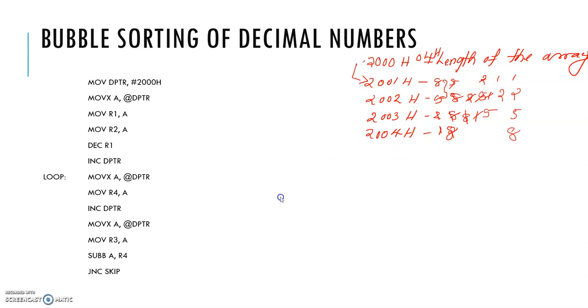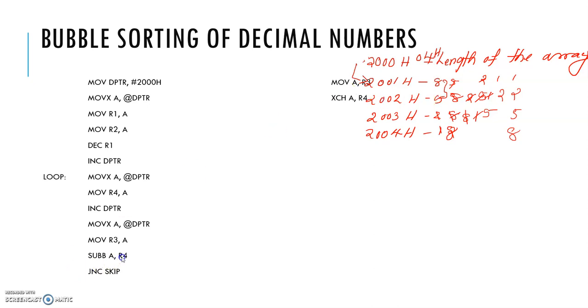When there is a carry, we need to exchange the content. If there is no carry, we can skip it. This 5 and 8 should be exchanged.